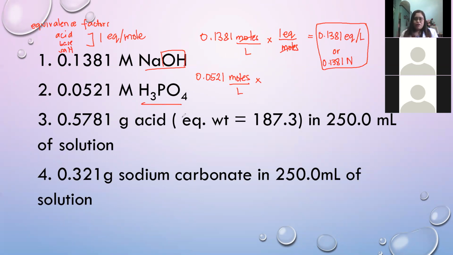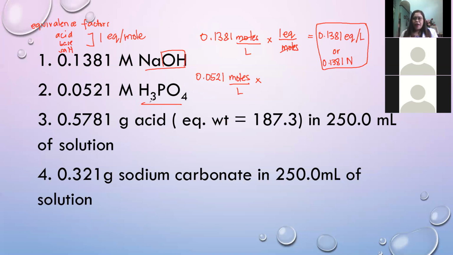Now, this is phosphoric acid. This is an acid. Therefore, we will be counting the number of hydrogens.